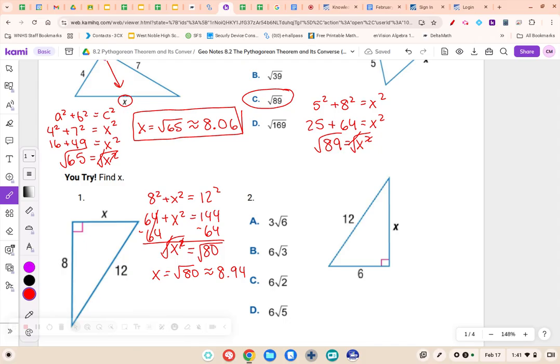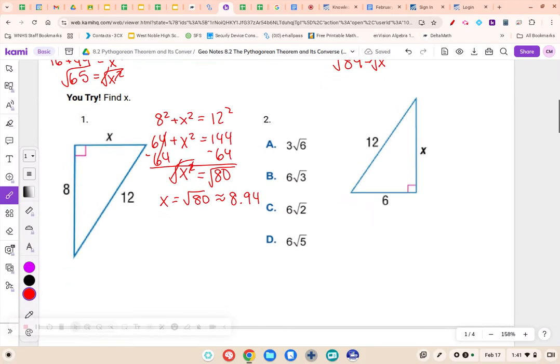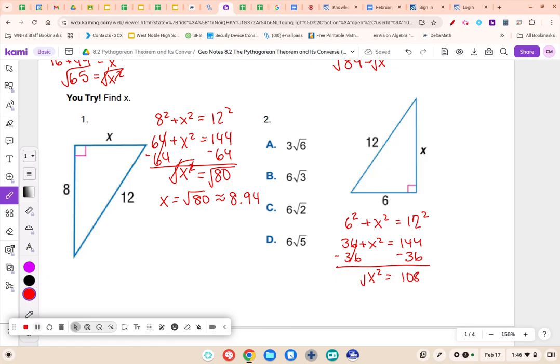The second one, we can tell by the multiple choice answers that it wants us to reduce our radical, so we'll do that. First of all, though, we have to solve. So we have leg squared plus leg squared equals hypotenuse squared. So now we have to take the square root here.